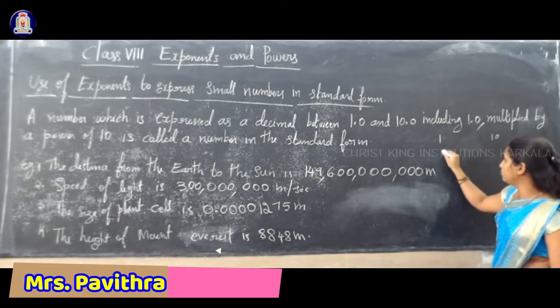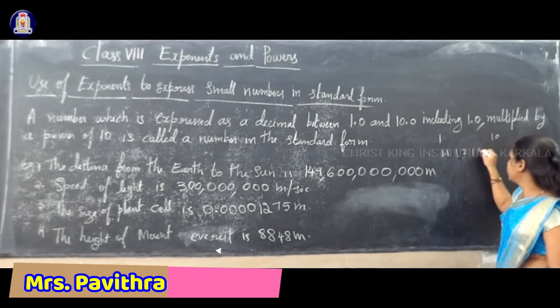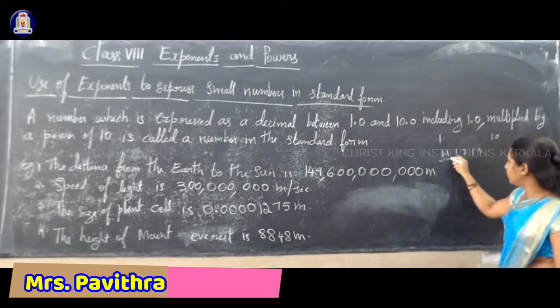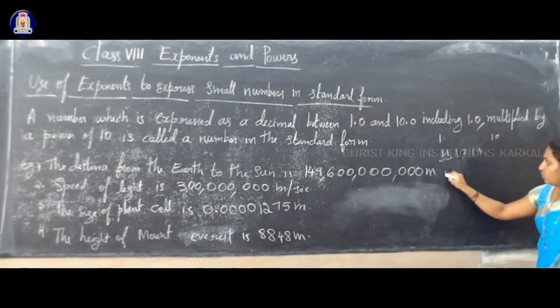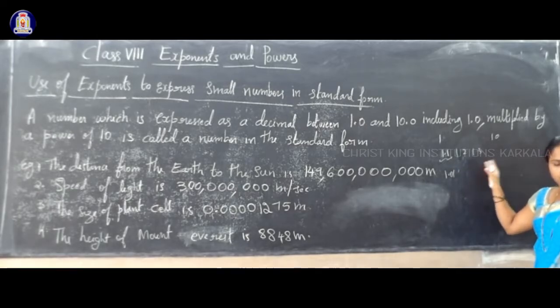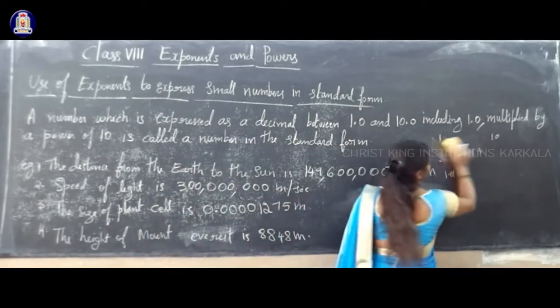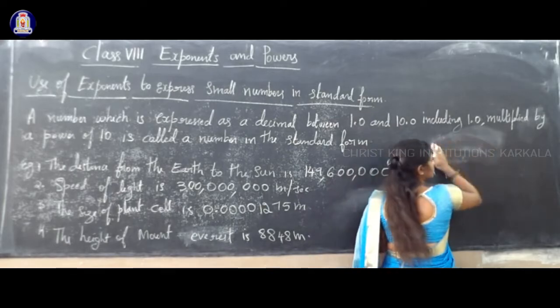After 1 you will consider 1.1, 1.2, 1.3 up to 10. Again between 1.1 and 1.2 there are still numbers, like 1.01, 1.02, and so on. We can see many numbers.